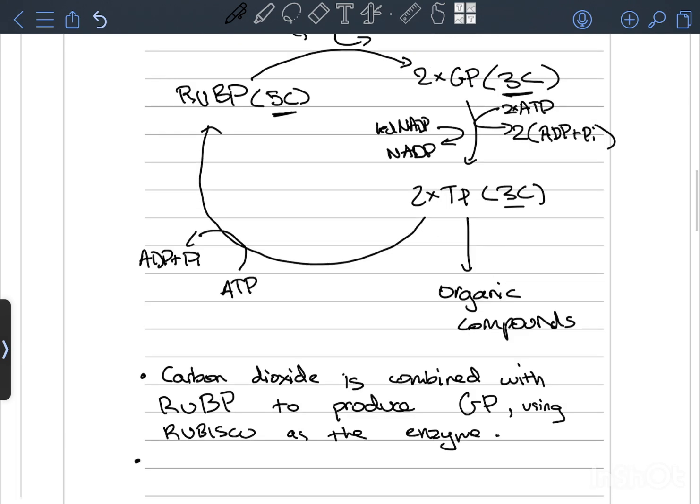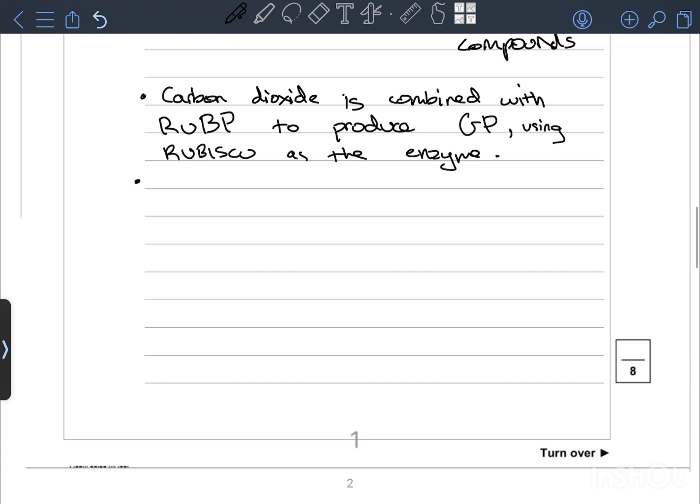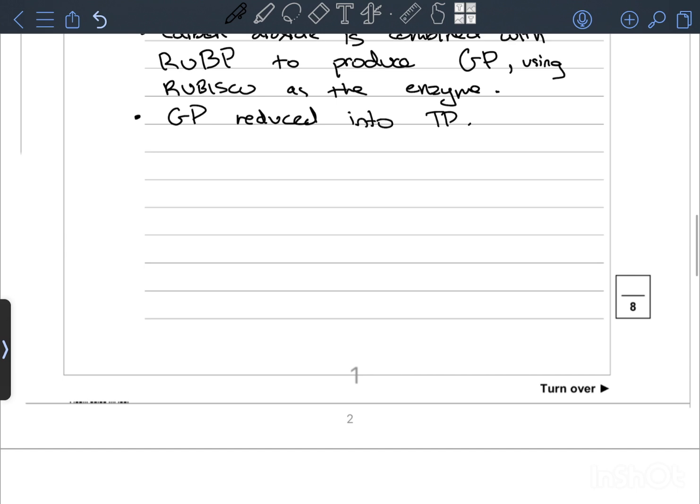Then in our next stage we have the 2 GP being converted into TP. But instead of converted, you should definitely say that it has been reduced: GP reduced into TP. And you want to make sure that you write the whole name of the compound instead of just the abbreviations.